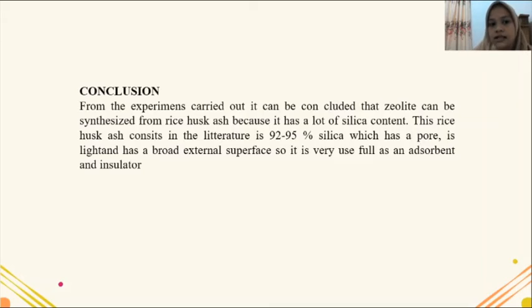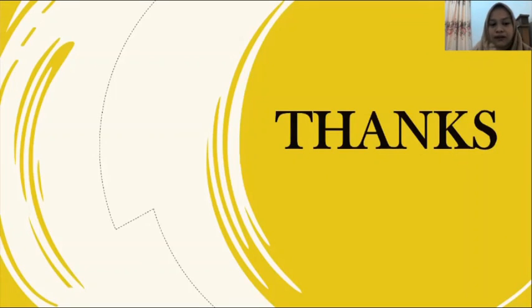Rice husk, according to the literature, contains 92 to 95% silica, which has pores and a broad external surface, so it is very useful as an absorbent and insulator.